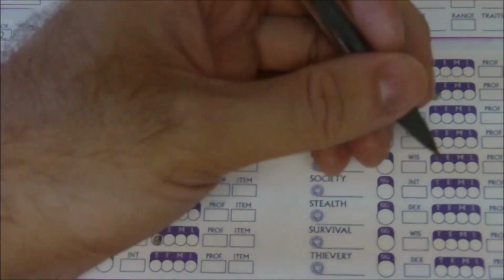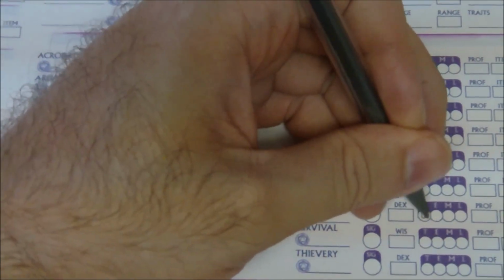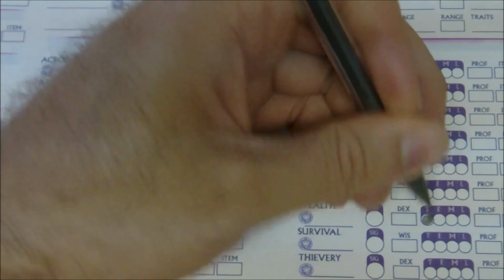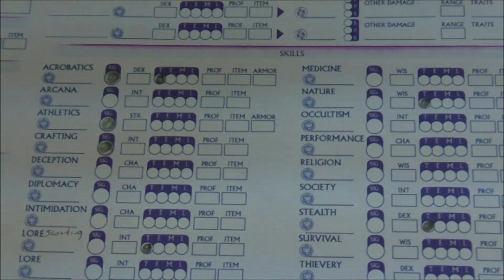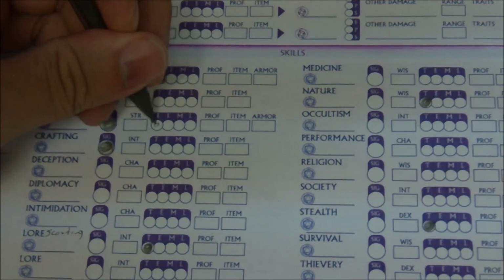I'm going to put one into stealth actually, so I'm going to be trained in stealth. And I get one more. So let's put that actually into athletics, why not?